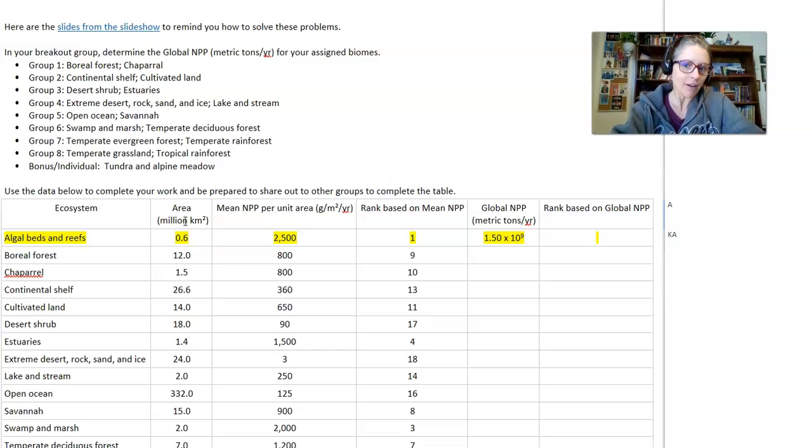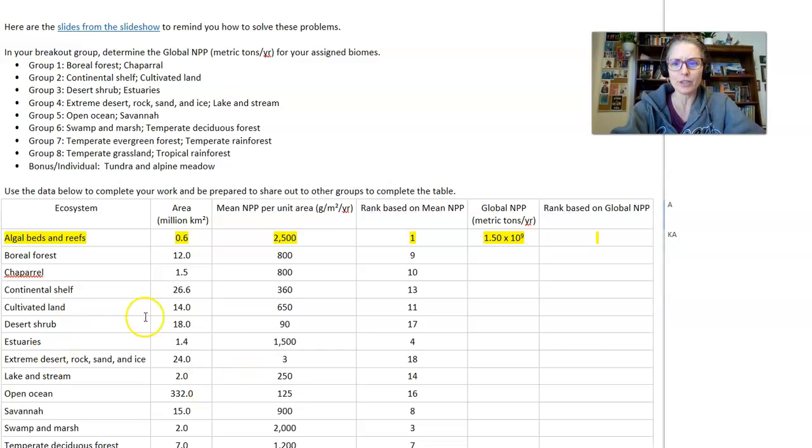And in a year, these beds can produce on average in 1 square meter 2,500 grams of plant material, of biomass, of primary productivity taken in high energy bonds converted from sun through the process of photosynthesis, as you all know.